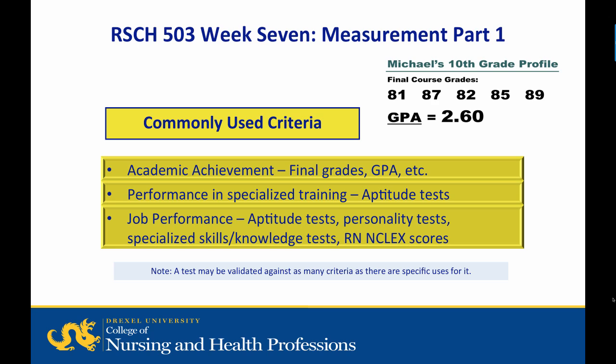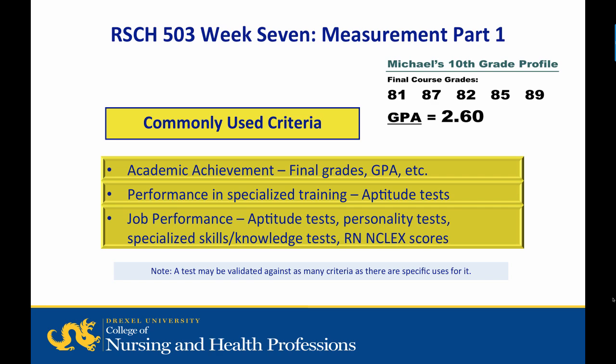There are several commonly used criteria to validate tests or instruments. For example, criteria used to ascertain academic achievement include final course grades, grade point average, and others. Aptitude tests are used as criteria for performance in specialized training.